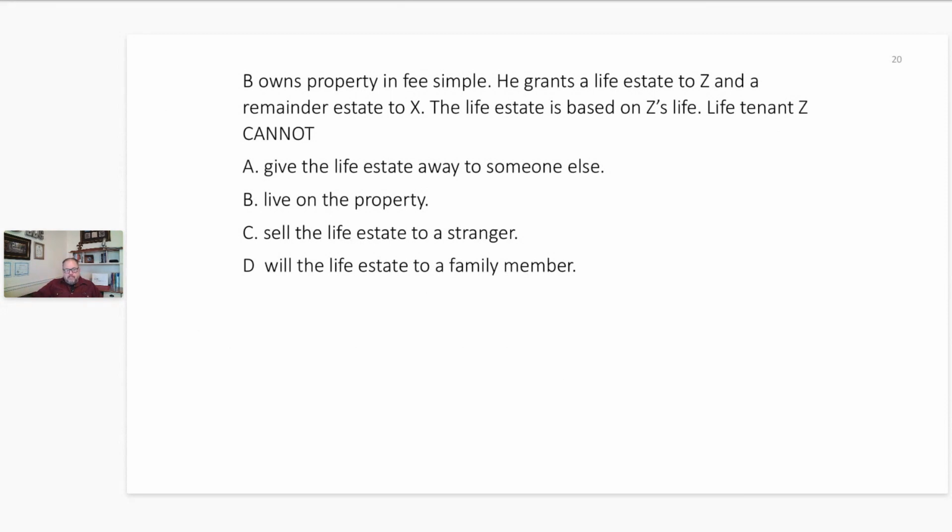No, they can. Live on the property. Yes, they can. Sell the life estate to a stranger. Absolutely. Sell it to anybody they want. Can they will the life estate to a family member? And the answer is no, they can't, because it's based on their life. Okay. So we're looking at answer D, Delta.